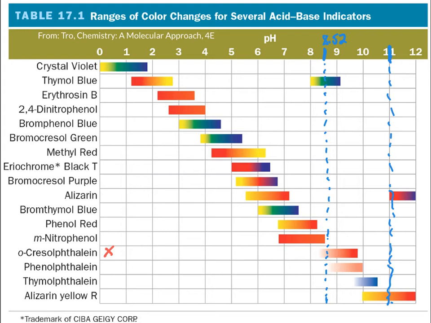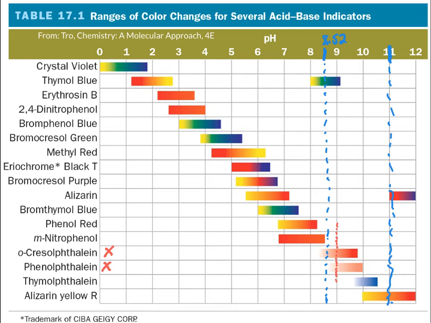Remember, we need to catch that. The highest concentrations had pHs closer to 9, so some of our solutions won't change until closer to 9. So maybe phenolphthalein would be good for our lowest concentrations of acid, but maybe not for our highest concentrations.